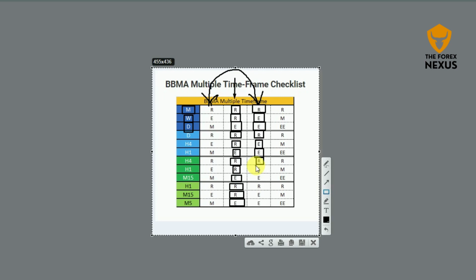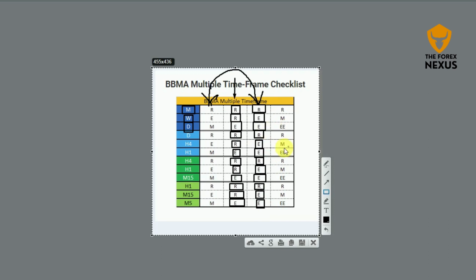Here H4 re-entry, so on H1 we need extreme, and on the third time frame M15 we need also extreme. On H1, if re-entry happens after CST or CSM, we need extreme on M15 and we also need extreme on M5 time frame.